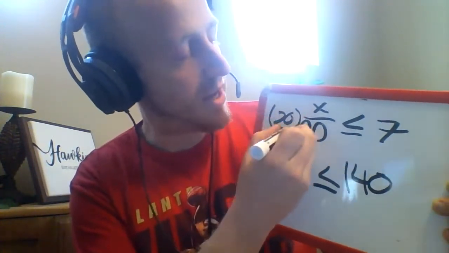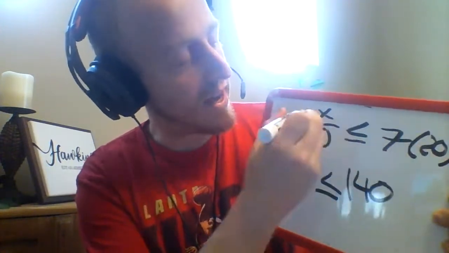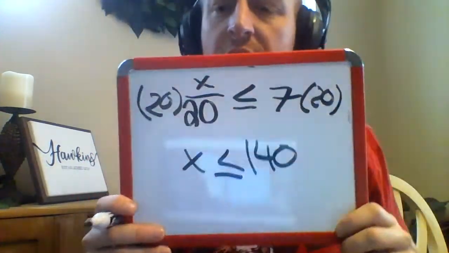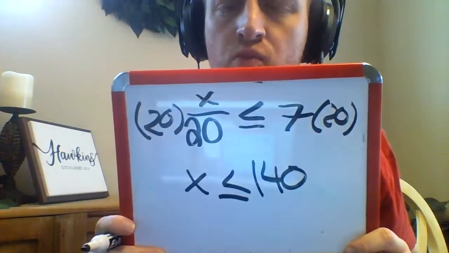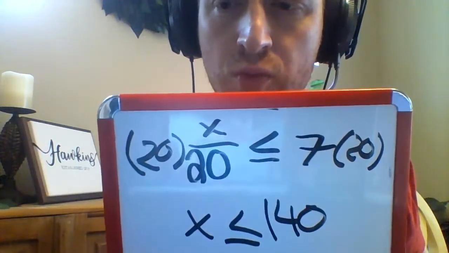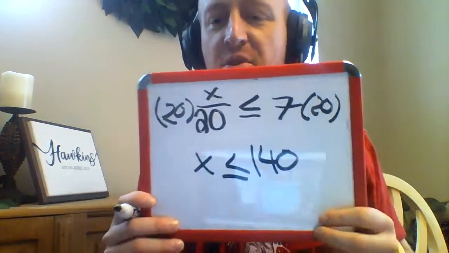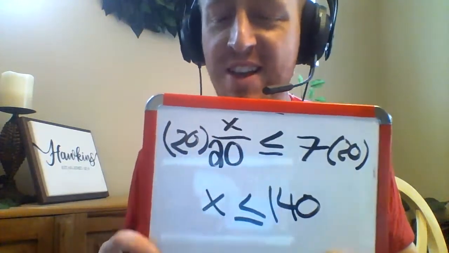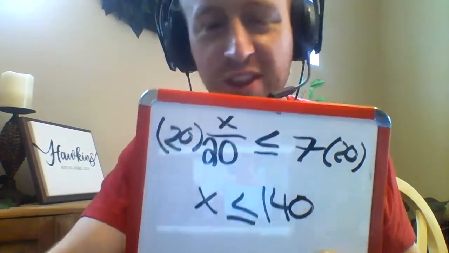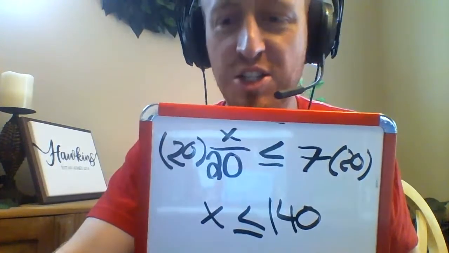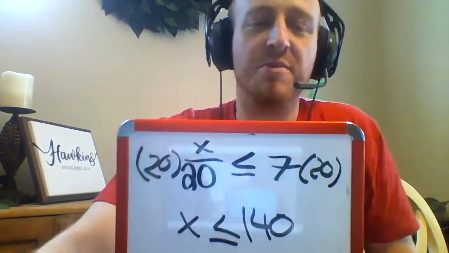We're just going to multiply both sides by 20. Instead of dividing x by 20, we're multiplying it by 20. That's a smart way of doing it, William. Put the equal sign underneath it or before the less than. Smart. Yeah, I know that's what you meant.